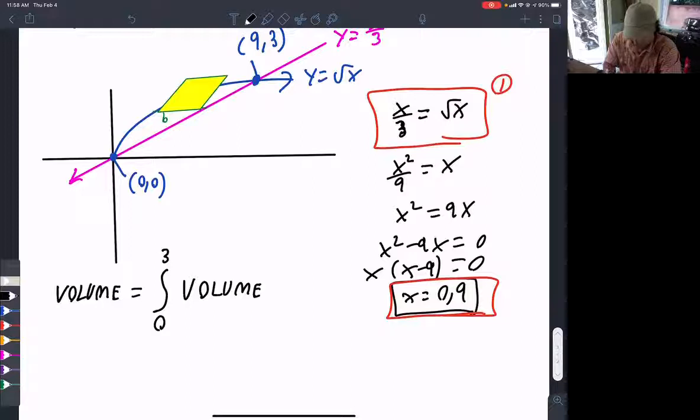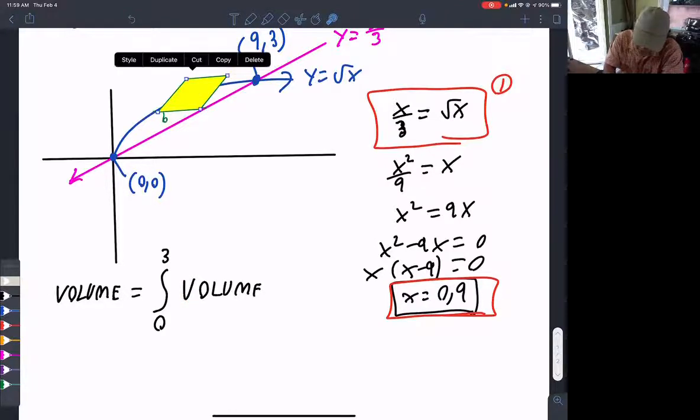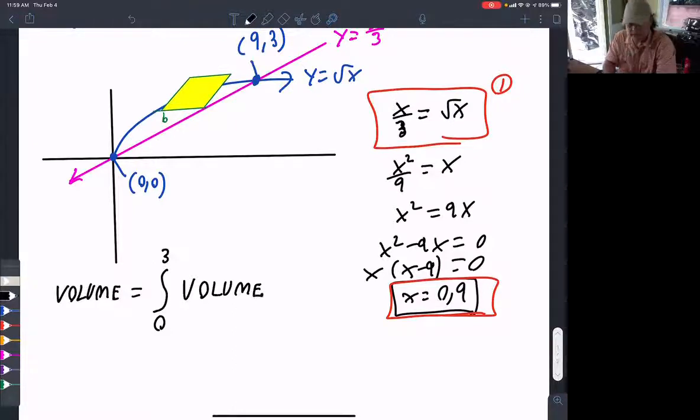You don't have to write this. I do that so you understand the concept. I take the volume of each square. The first one all the way across, I add them all up. So that's what's going on here. That's the concept that we're doing.